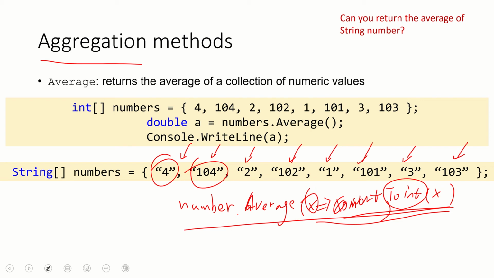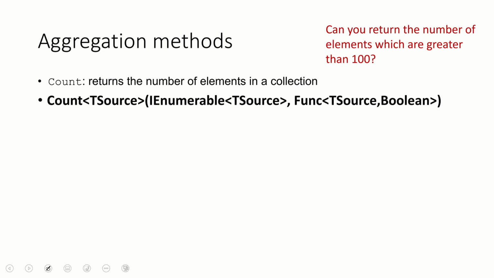Okay, so there's something more you can do. For example, how to return a specific number that matches a condition. Can you do that? Let's take a look at another one.